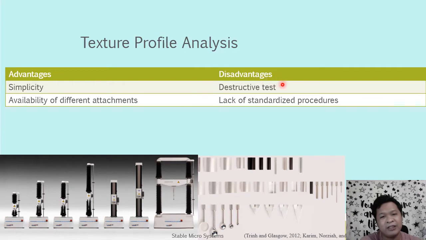However, it is a destructive test. Therefore, after you've tested the sample, well, it can still be used for some other physico-chemical tests, pero essentially, hindi mo na pwedeng mabenta yung sample na ginamit mo. And because there's a lack of standardized procedures, there's a general limitation. To say you're gonna use it for quality control, you can only use it for within your products.